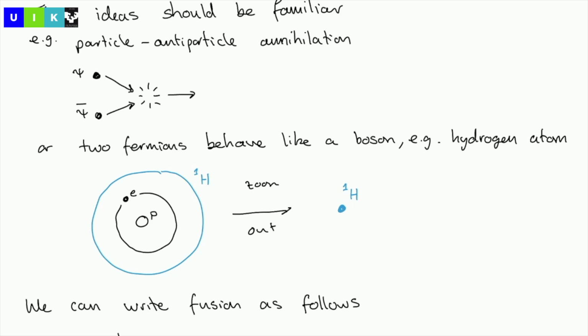If I have a hydrogen atom, I can think of the hydrogen atom as a point-like particle, but we know that inside it actually has a proton and an electron, which are both fermions. But the hydrogen atom collectively behaves like a boson. So these are two ways of thinking about how, if we put multiple anions together, they behave like another anion.